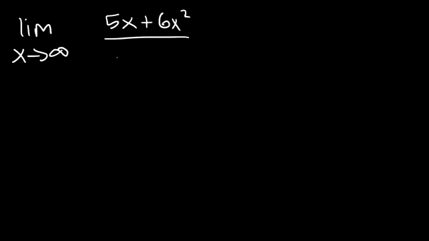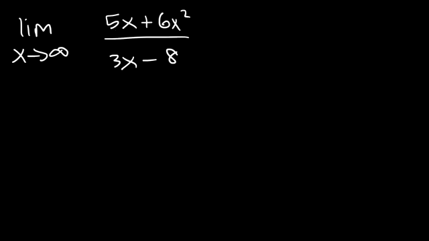Now what about a rational function that's top heavy? Let's say this is 5x plus 6x squared divided by 3x minus 8. So what do you do in this case? What I like to do, if you want to do it mentally, a simple way is to remove the insignificant terms.